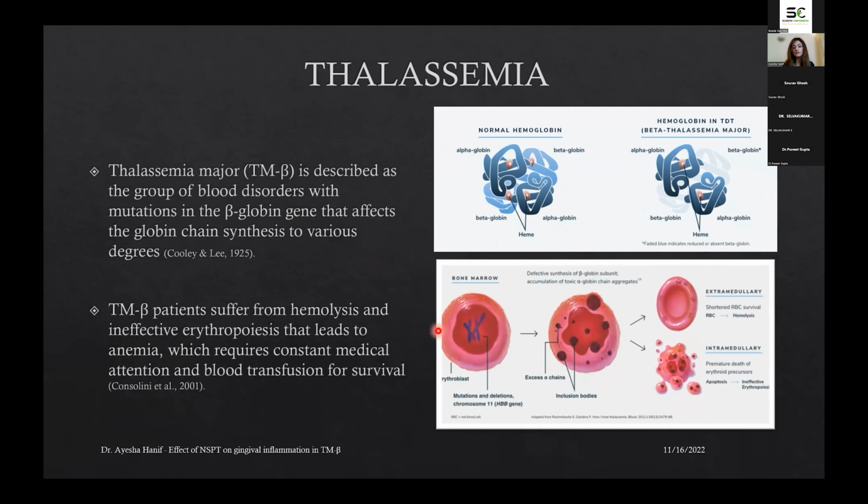If you see this red blood cell, it is now bombarded with excessive toxic alpha globin chain aggregates, which leads to extramedullary and intramedullary happenings. In extramedullary, the RBC undergoes hemolysis, and intramedullary, the RBCs undergo apoptosis and ineffective erythropoiesis, which leads to anemia that requires constant medical attention and blood transfusion for survival.